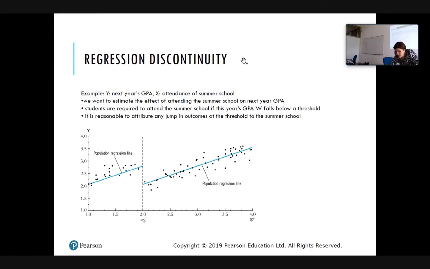So let's make an example: if you get at least 25 at my exam, then you can attend the summer school of this summer in Ventotene. Whether you get the treatment or not, whether you can attend the school or not, depends on another variable W, which is your grade at my exam. So this is the case, the application in which we are interested.